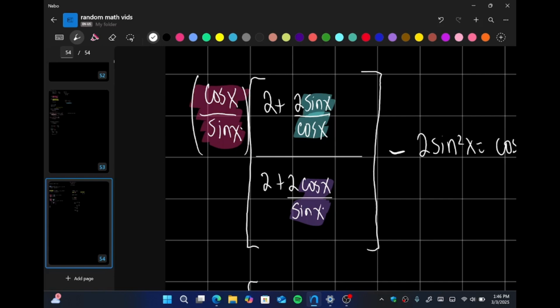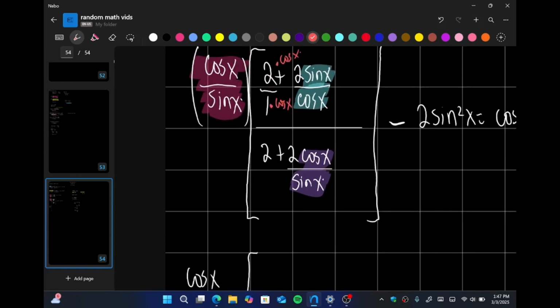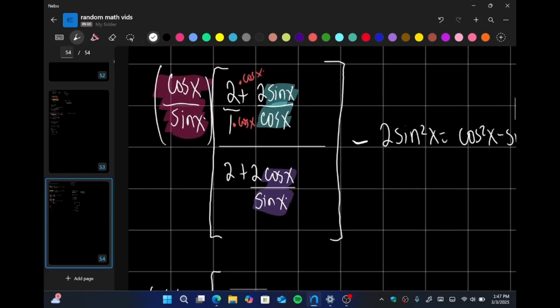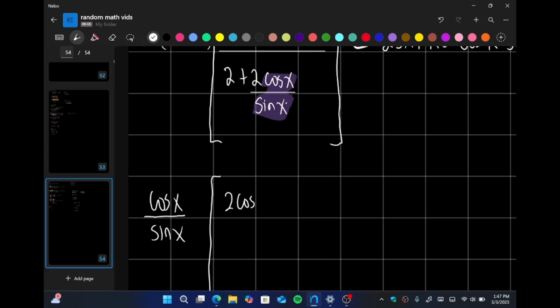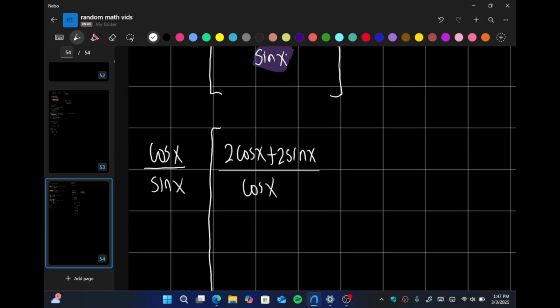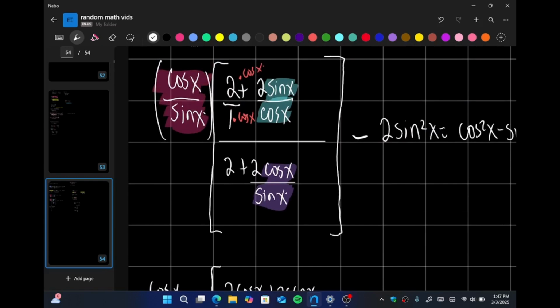What I'm going to do here, guys, is put this over 1, and multiply cosine x on top and bottom, because that way we get that common denominator. So really, on the top, we're going to have 2 cosine x plus 2 sine x, and it's going to be all over cosine x, right?